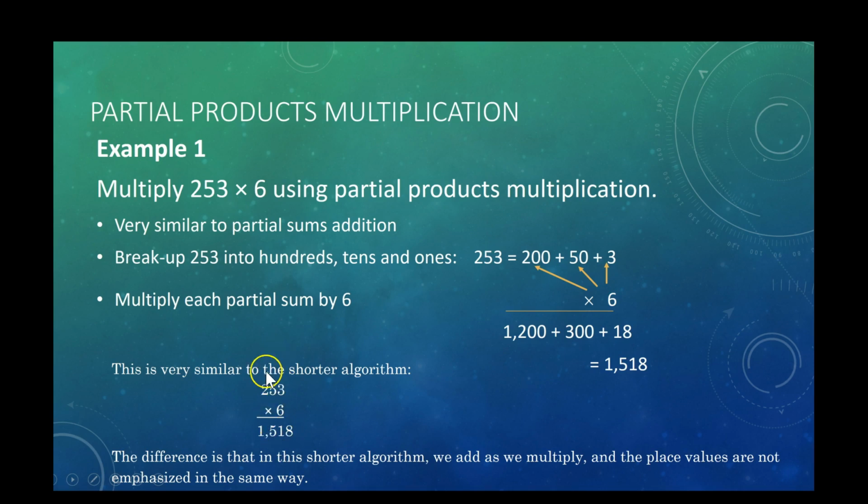So you put down the 1 and carry the 3 of the 30. Then 2 times 6 is 12, plus that 3 that we had up there. You have to either write it down or imagine it. Gives us 15. So that's the same as what I did here, but I added by carrying at the same time, which is a lot harder for young students to remember, and the place values are not emphasized in the same way.